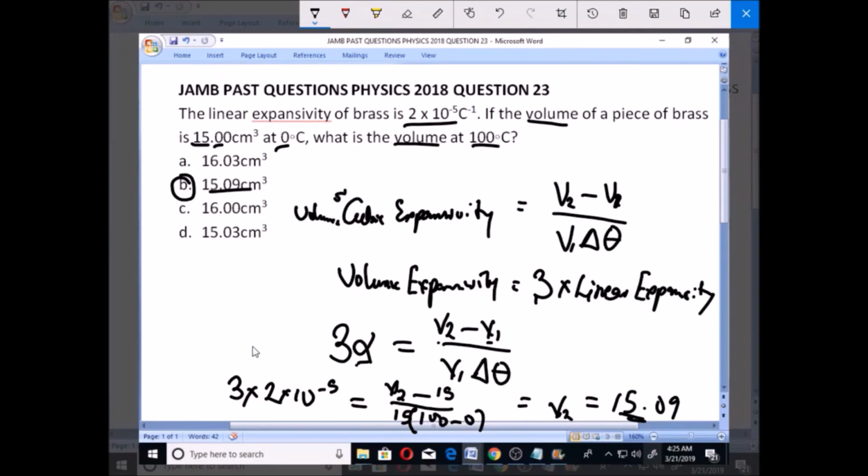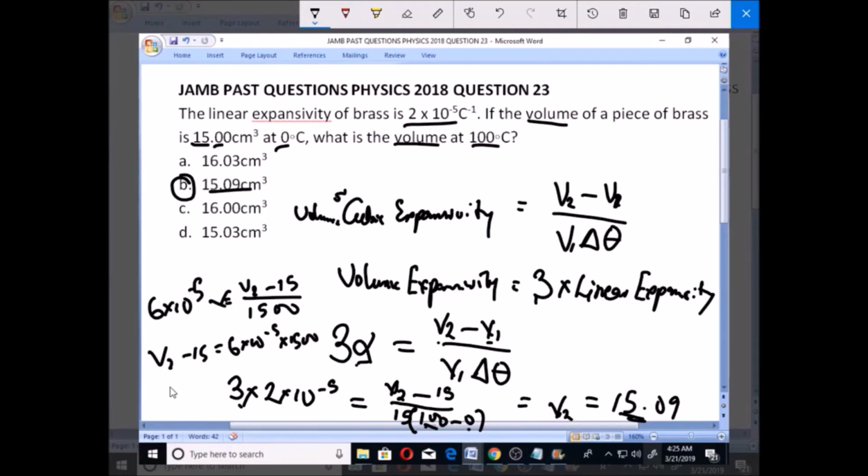So how can we solve this to get this? 3 times 2 times 10 to the power minus 5 gives us 6 times 10 to the power minus 5, equal to V2 minus 15 all over 100 minus 0, which is 100. 100 times 15 is 1500. So when you cross multiply, V2 minus 15 is equal to 6 times 10 to the power minus 5 times 1500.